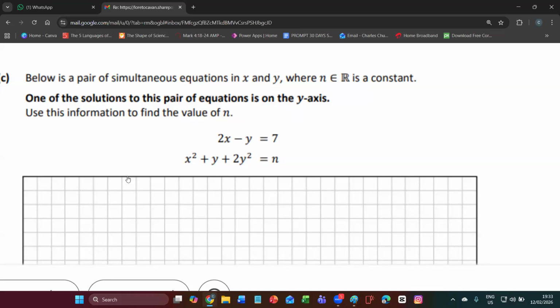On the y-axis. We'll read the way forward with this one. 2x minus y equals 7.